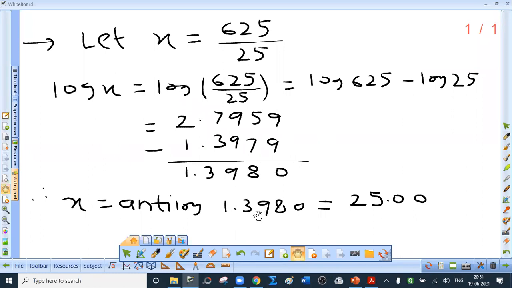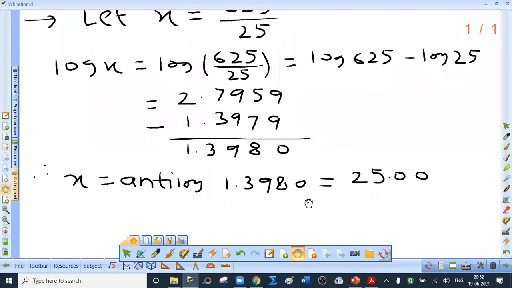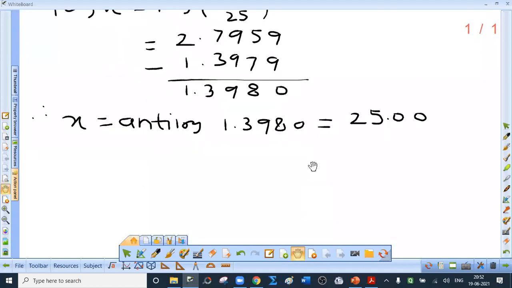So find the number, of course, in the anti-log table, which is in row 0.39 and column 8. It is always a 4-digit number, 2500. Characteristic is 1, so there must be 2 digits in the integral part. Yes, it is 25. Next.